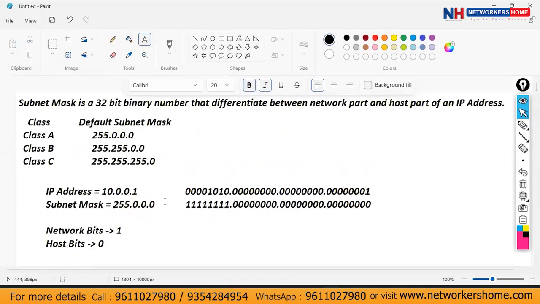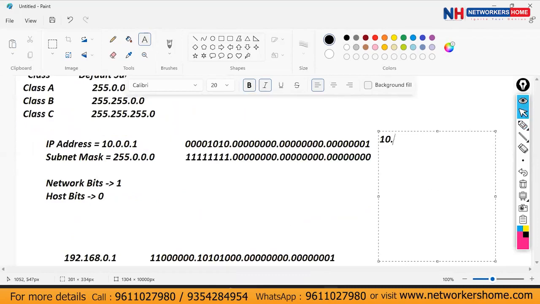In case of class A, we have taken this address. Looking at this address, we came to know that the first octet is the network and the remaining 3 octets are the host. So I have to keep the first constant, and the remaining will change from minimum to maximum. The first address will have the host part minimum. Second address 10.0.0.1.